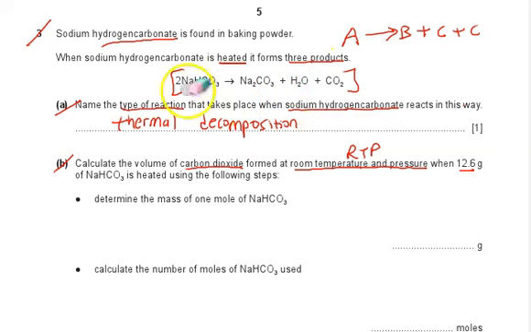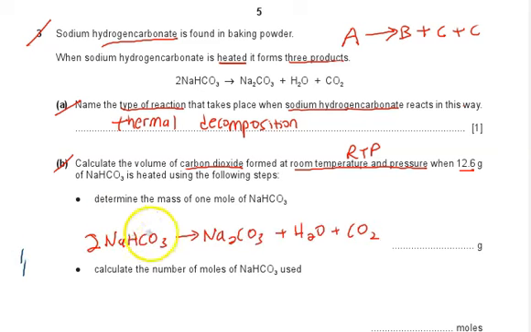I'm going to erase this and write it over here. Now we have to follow the number in front. So here's a 2, here's 1, so everything else is 1. This is the main ratio we are going to use.